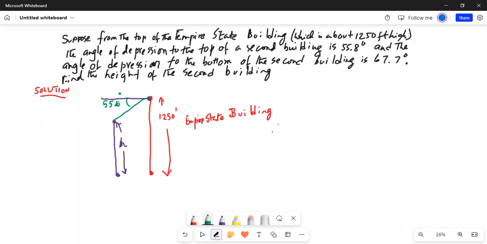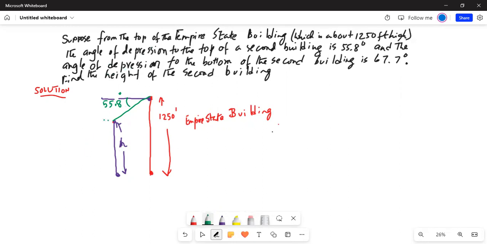Let me write it correctly: 55.8 degrees, this angle. This is a horizontal line drawn parallel to the ground.